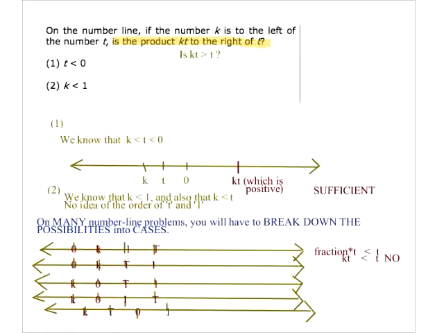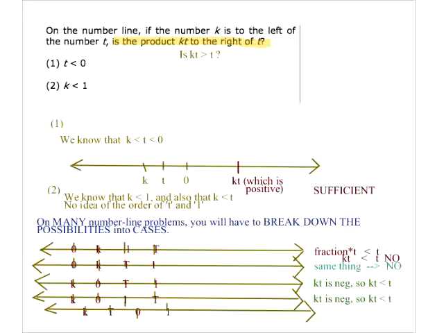In this case, k is still a fraction, t is still positive, so same thing. In this case, k is negative, so kt is negative, so kt is less than t. Same thing as here.